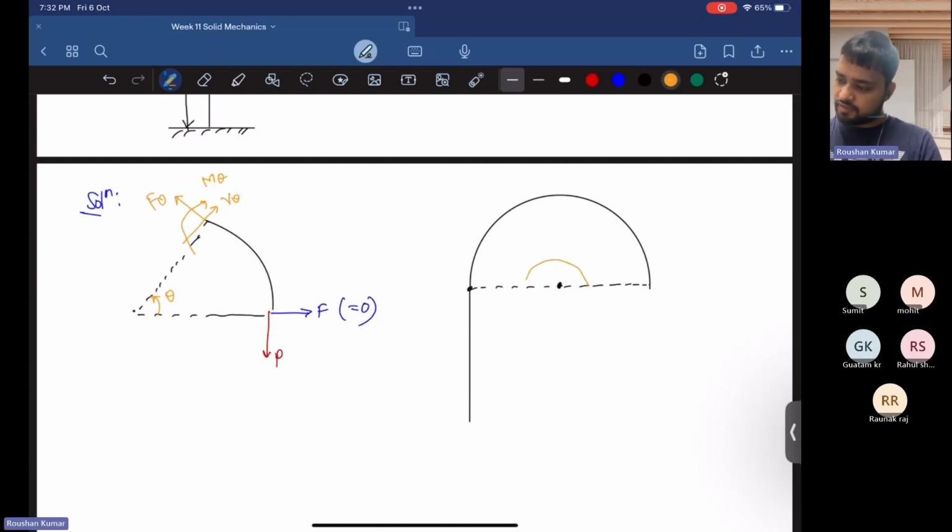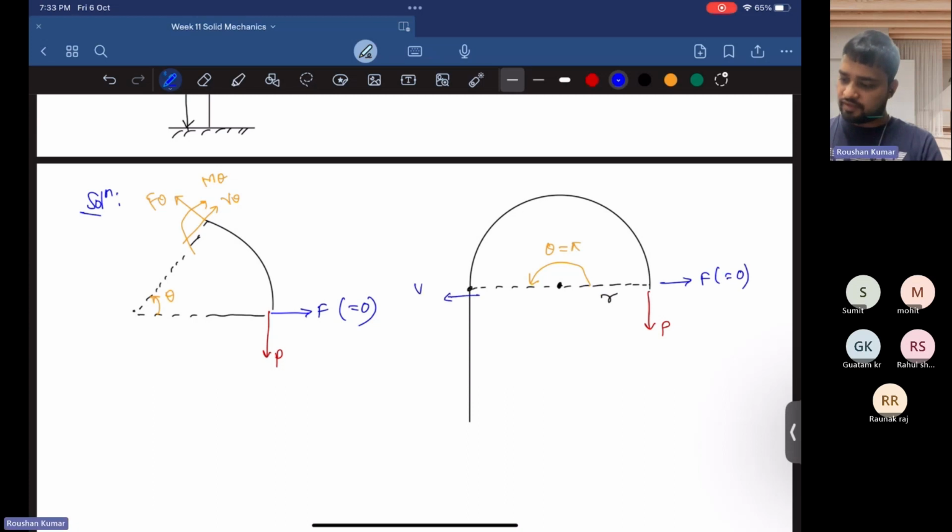So this is angle theta equal to pi. This is small r and this is load P, and this is the force F, which is equal to 0.